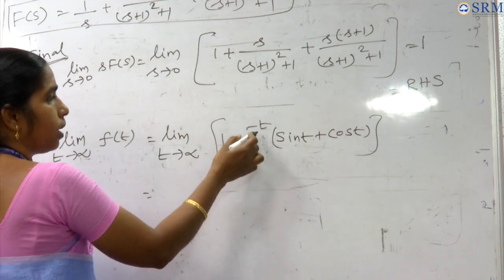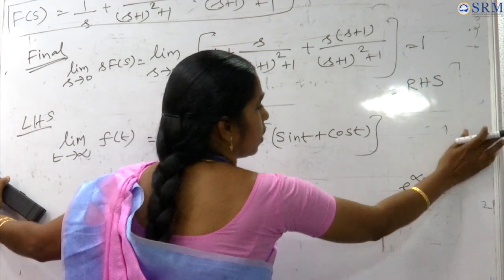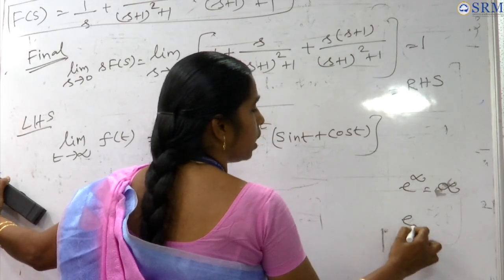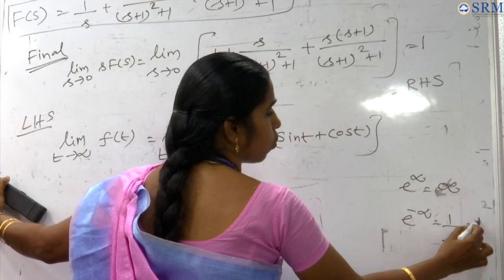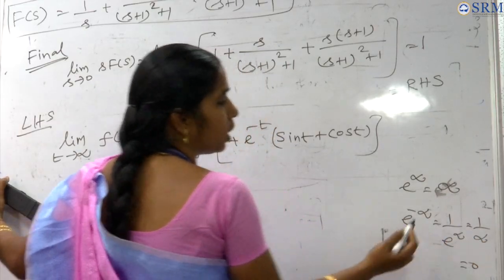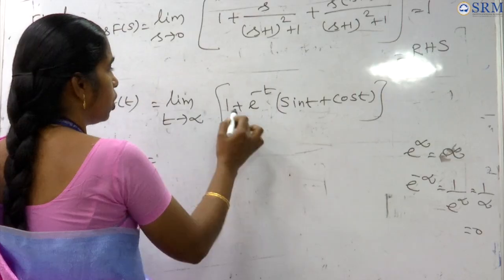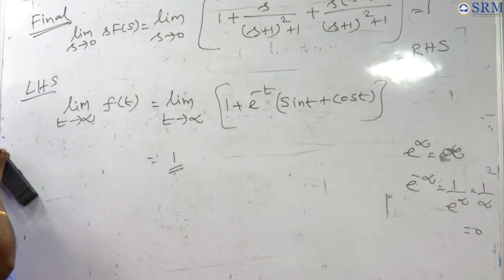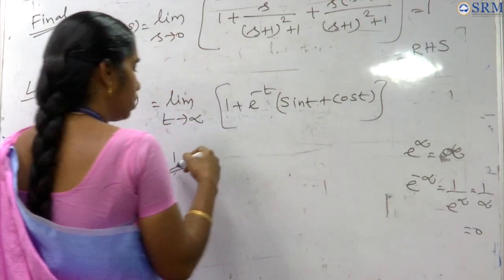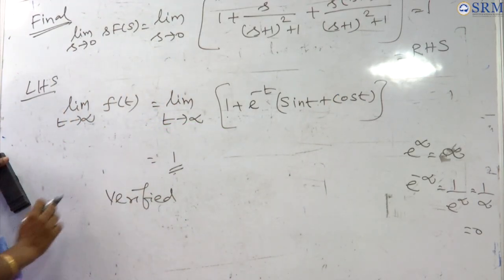So t tends to infinity, e power infinity is infinity. So e power minus infinity is 1 by e power infinity, so 1 by infinity is equal to 0. E power minus infinity is 0, so this entire term is 0, only the first term remains, the answer is equal to 1. This is the LHS of the final value theorem. RHS also 1, LHS equal to 1. So verified the final value theorem.